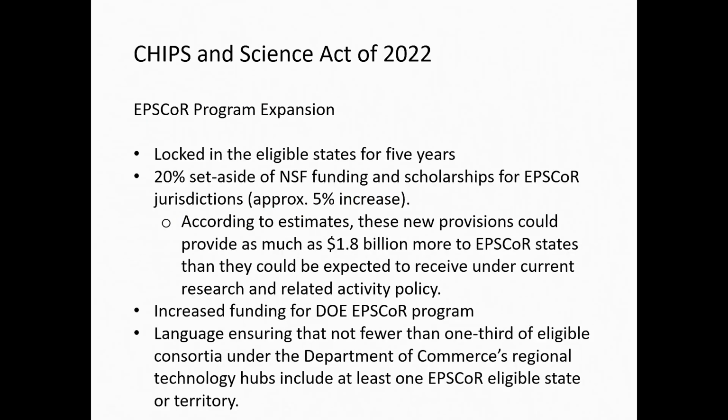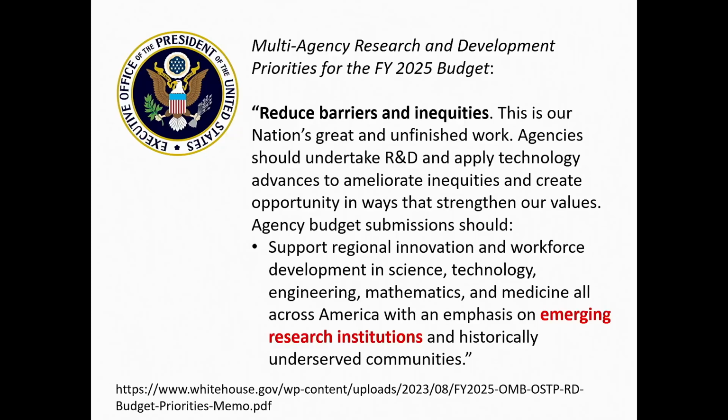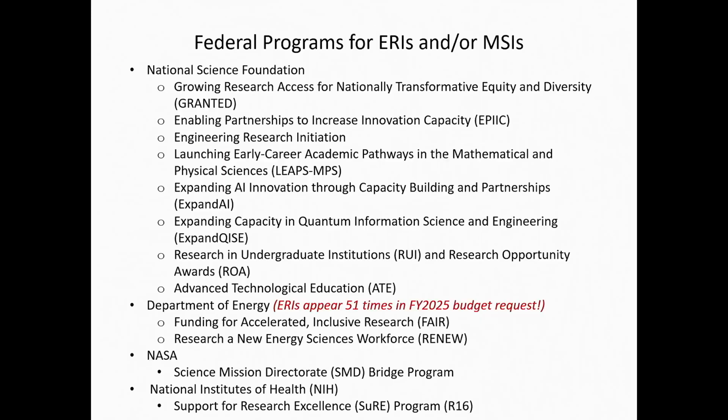Also, this summer, President Biden released the annual budget instructions to the agencies. One of the priorities was reducing barriers and inequities in research, and emerging research institutions and investments in historically underrepresented communities was one of the priority areas listed.